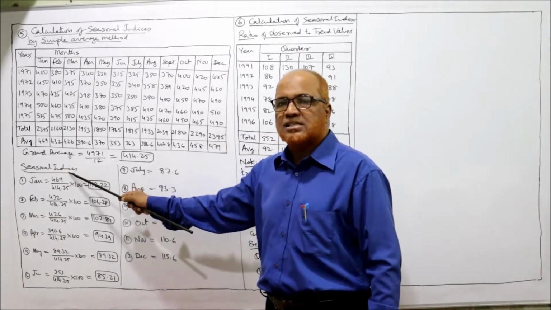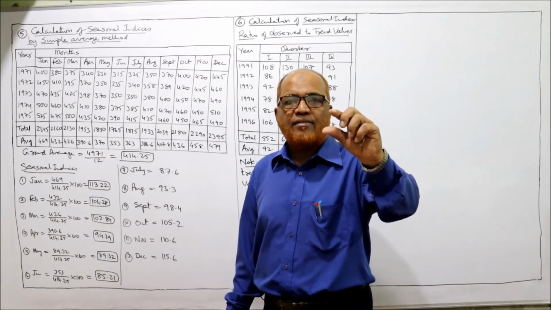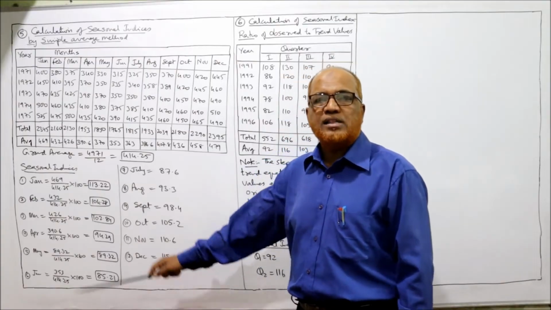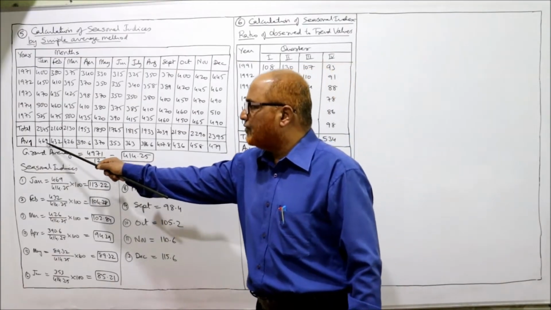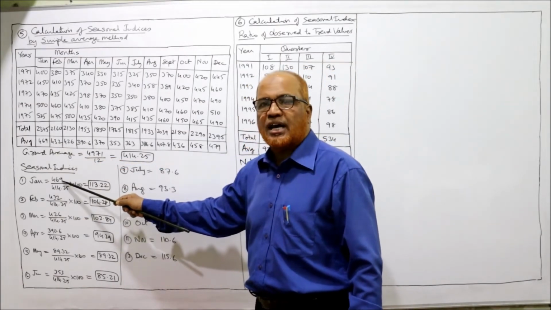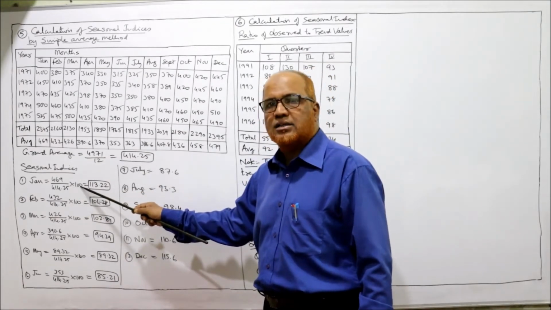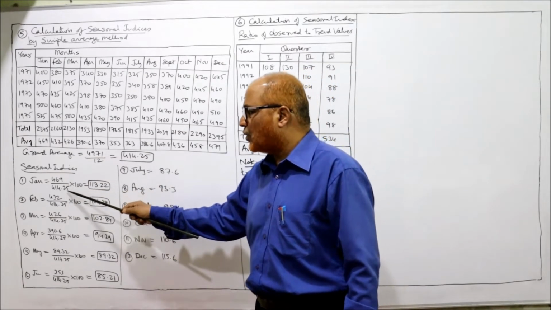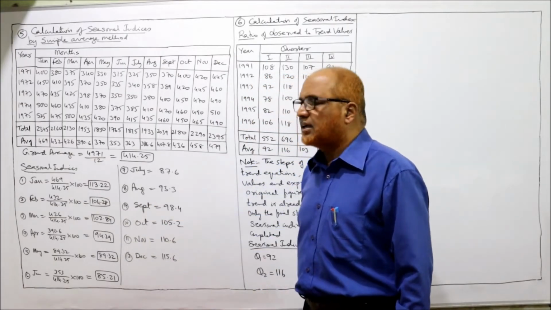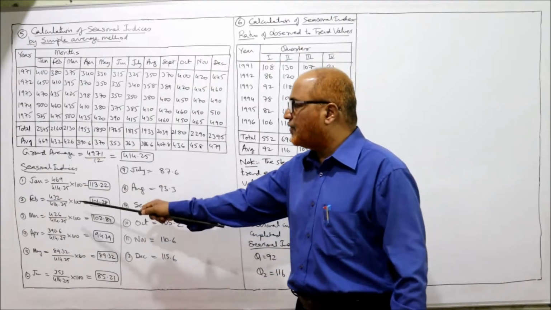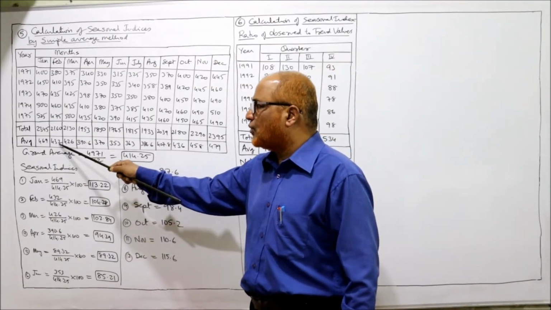Now, seasonal indices. Take the average of the month divided by grand average into 100. What is the average of month of January? 469. So 469 divided by grand average 414.25 into 100. 113.22 is the seasonal index for January. Similarly for February. February average is 432.